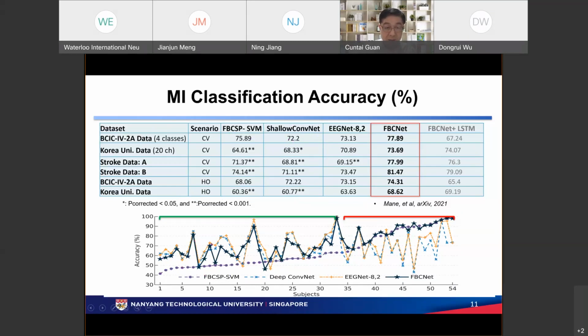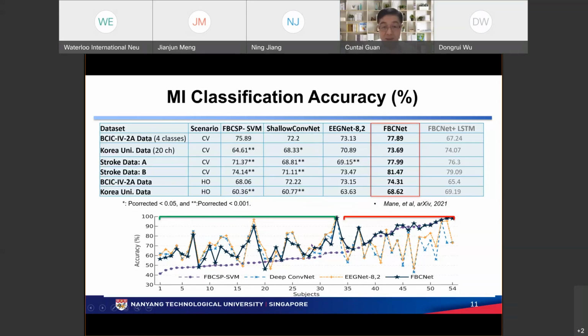Many of them improve quite a lot. However, on the other side, those subjects with very high accuracy using the FP-CSP approach, some of them drop drastically with deep learning. So that's why on average they are similar, but this is what you can see.